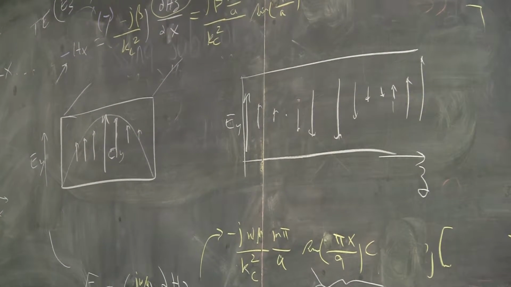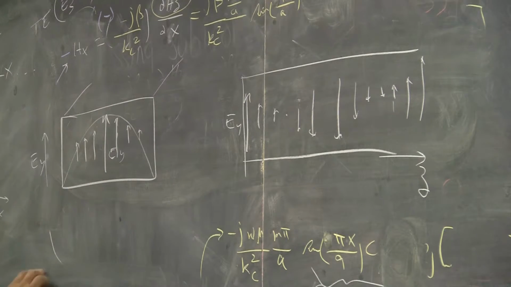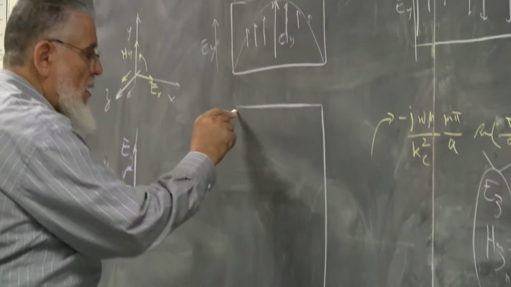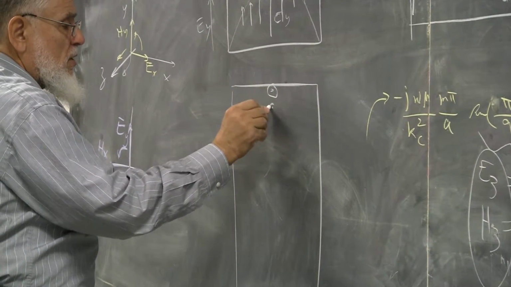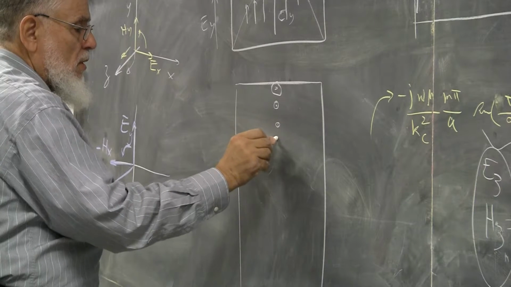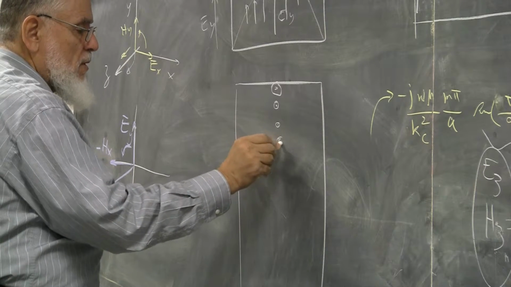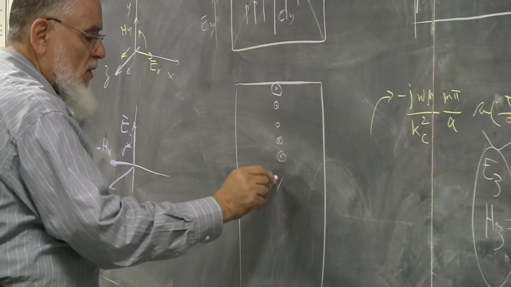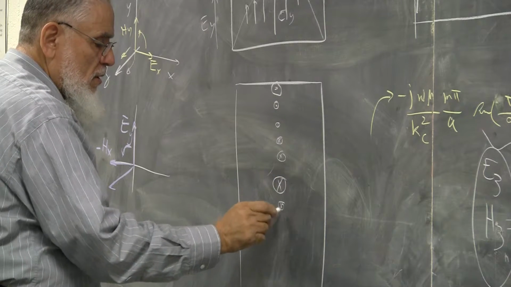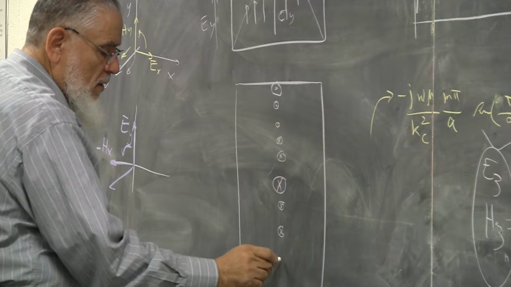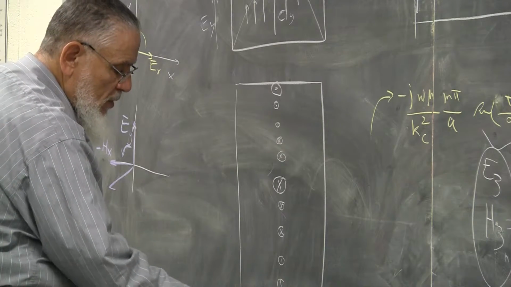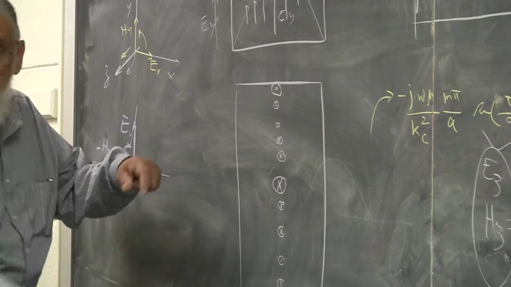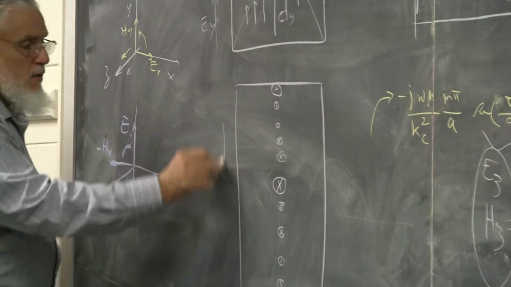If you want to look at it from the top, right here is a dot and it shrinks weaker, and then flips, becomes a cross, becomes stronger, becomes weaker, and then flips to a dot and becomes stronger, and so on and so forth.